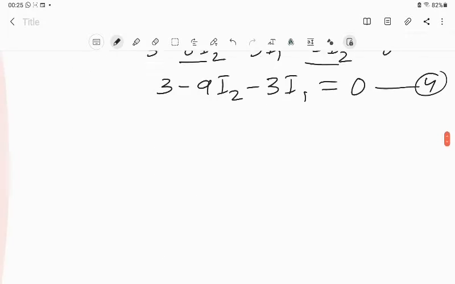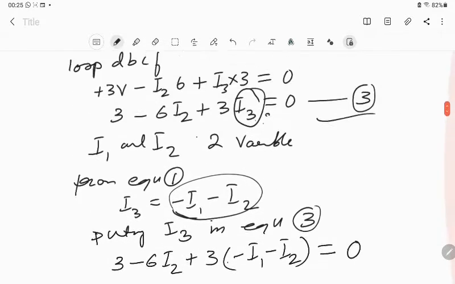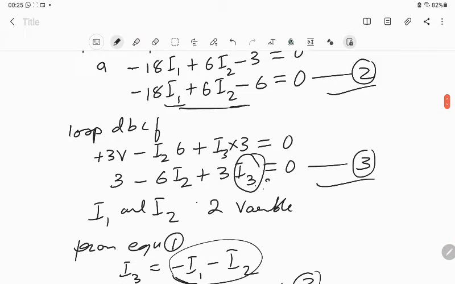Okay, now what to do now? I1 and I2 are there, so here also I1 and I2.